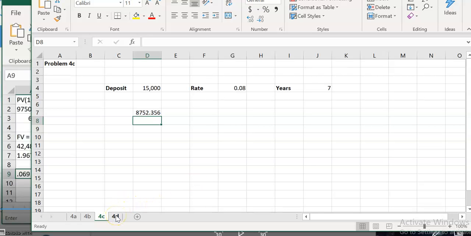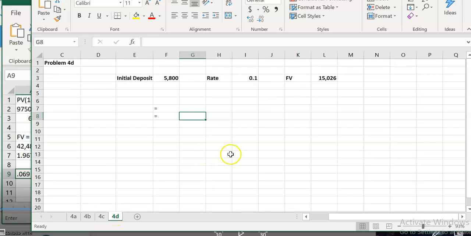And so for 4D, we're trying to find out how many years this initial deposit has been accumulating in the bank. And so we have the future value over here and the initial deposit.